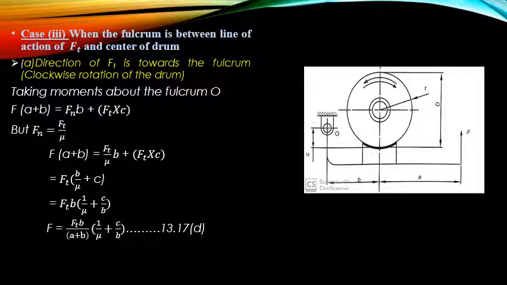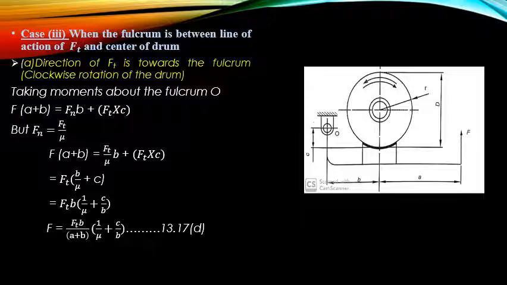First, for the clockwise rotation of the drum, taking moments about the fulcrum point O, F into (A plus B) can be given by Fn into B plus Ft into C. Again, C is the distance between the fulcrum and the tangential force Ft.